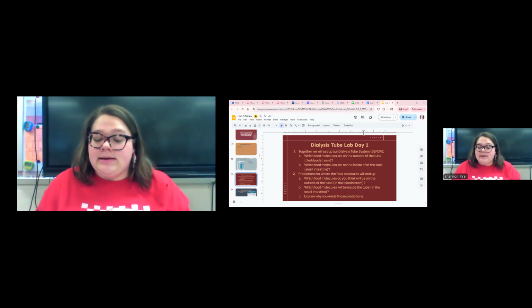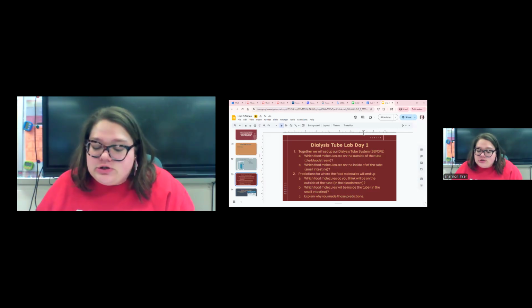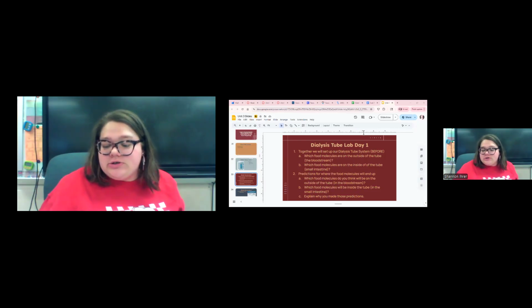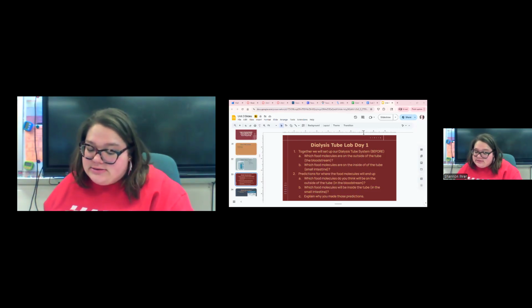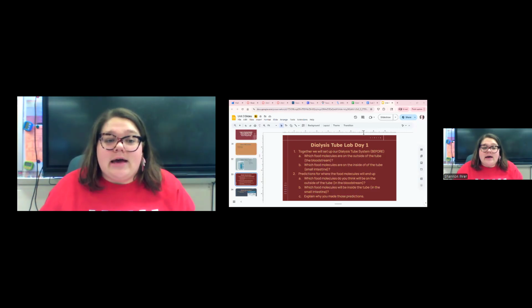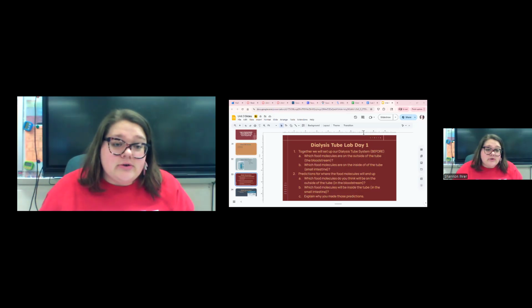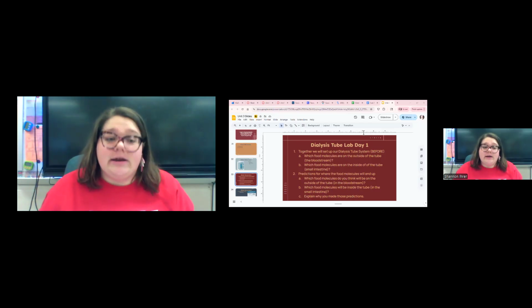Next, predictions. Which food molecules do you think will be found outside of the tube at the end? And which food molecules do you think you'll find inside of the tube at the end? Write down in those boxes. Go ahead and pause here. Under outside, you can write glucose and starch, just glucose, just starch, or none. Under inside, you can write just glucose, just starch, or none.